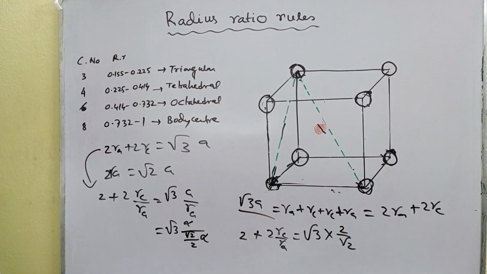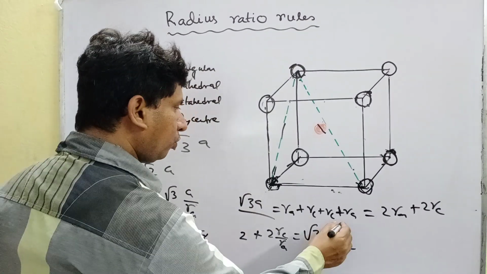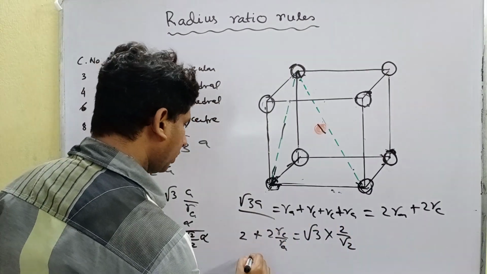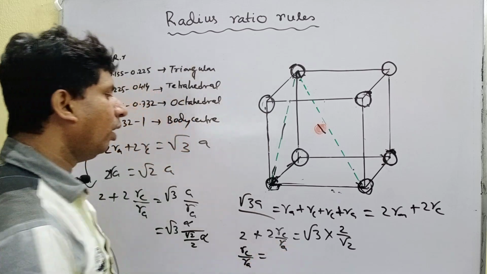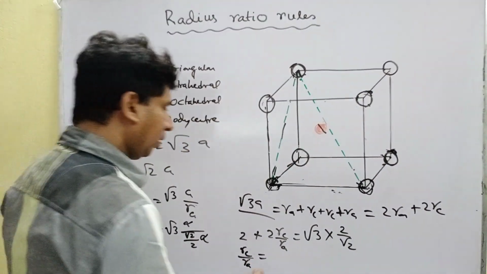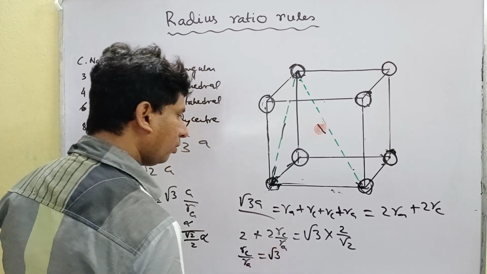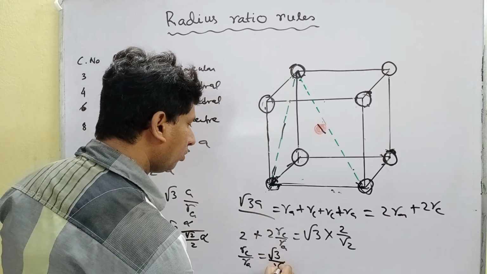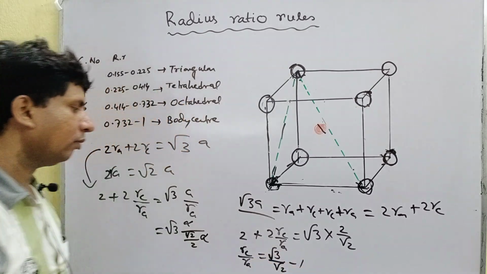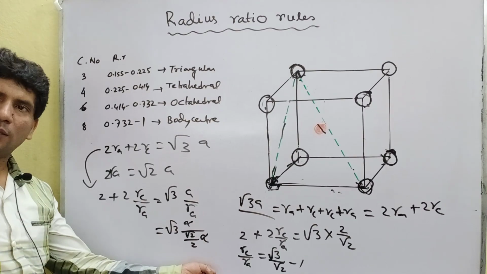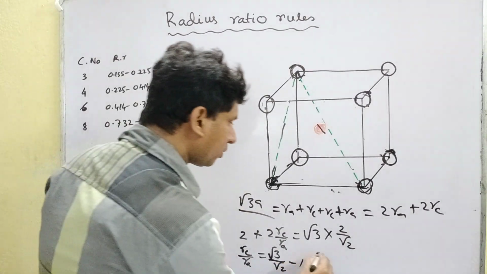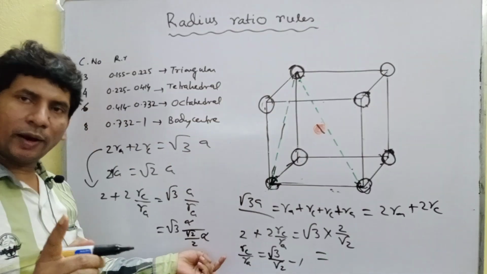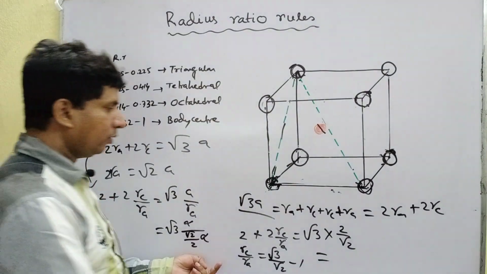Then 2 and 2 cancel out. That means RC by RA equals √3 by √2 minus 1. Then what will be the value of this? This value must be equal to 0.225.